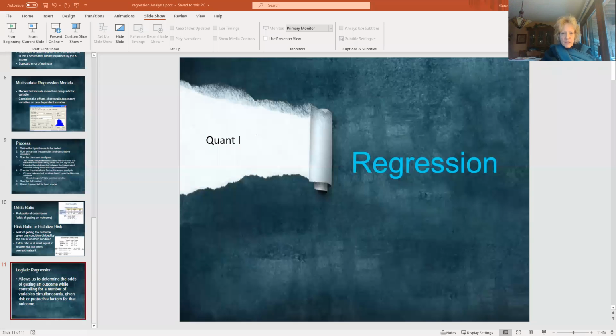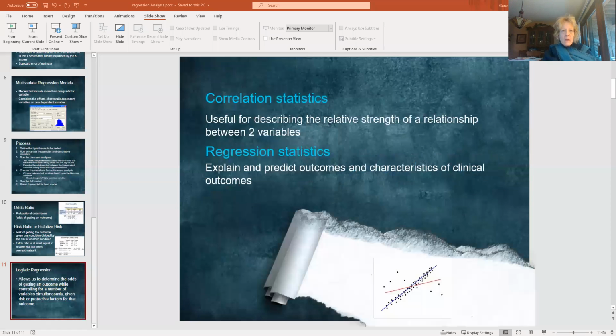This presentation is going to go over a little bit about regression, both linear regression and multiple regression. So just to review, remember that correlation statistics are useful for describing the relationship between two variables and how strong that relationship is.